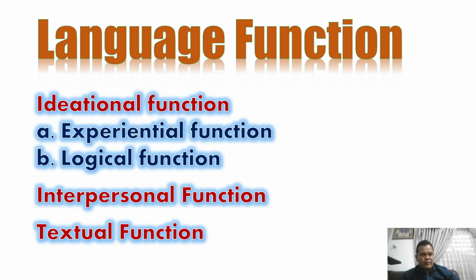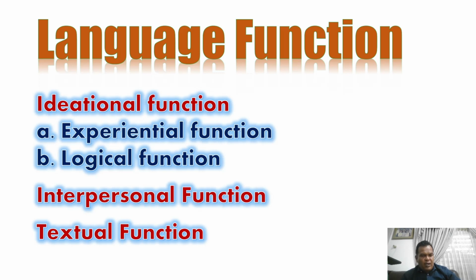Now, we use our language to exchange information, and this is under the interpersonal function of language. So, an interpersonal function of language means clause as exchange, clause as the tool to exchange our ideas to others.